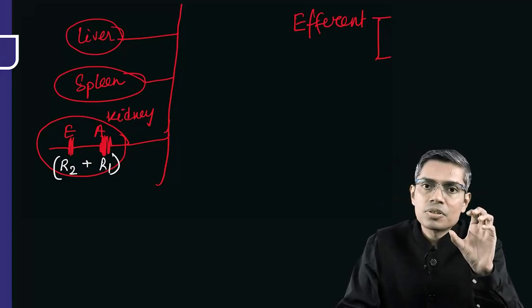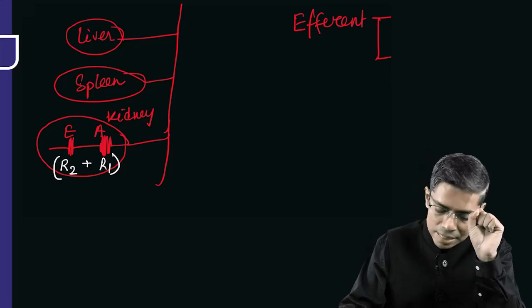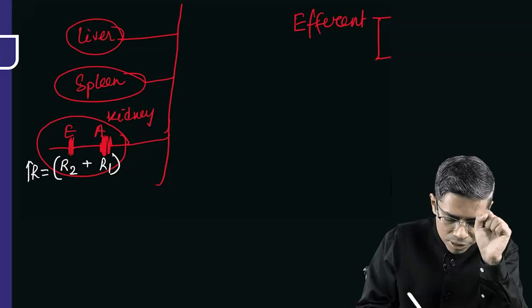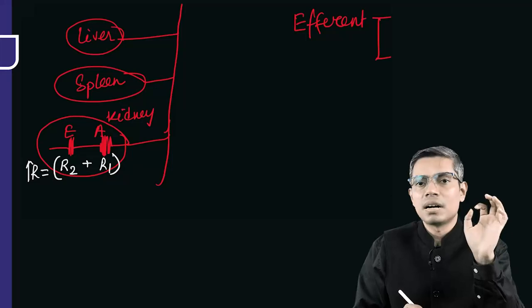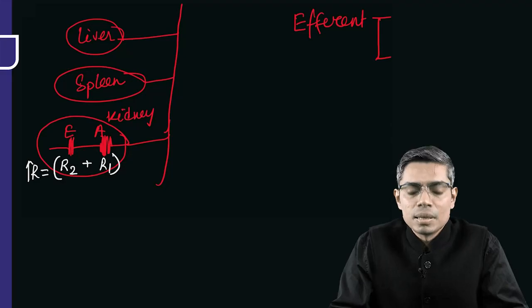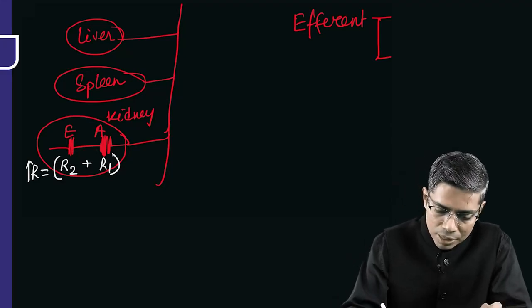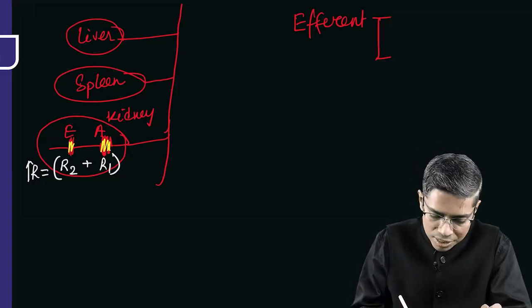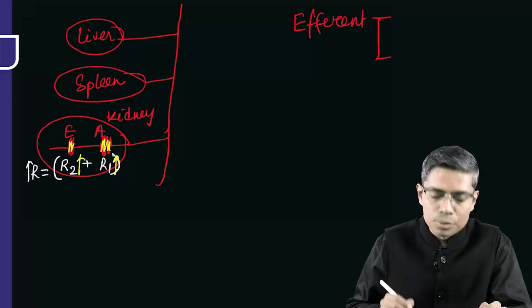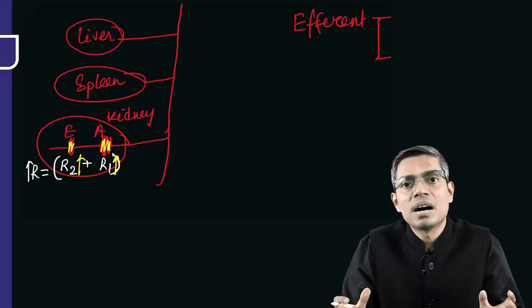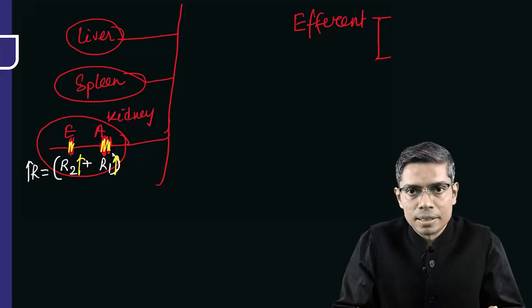So if you cause constriction of the afferent arteriole, then the total resistance will increase. If you cause constriction of the efferent arteriole, then also the total resistance of the kidney will increase. Whether you are raising R1 or R2, the total resistance of the kidney will be higher than normal.